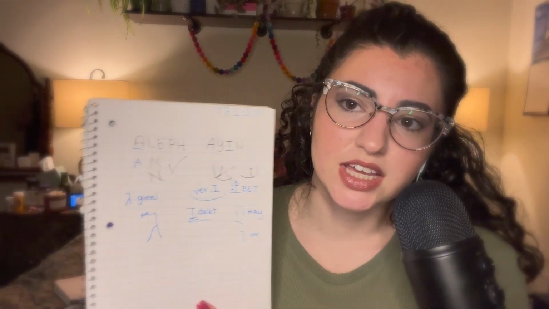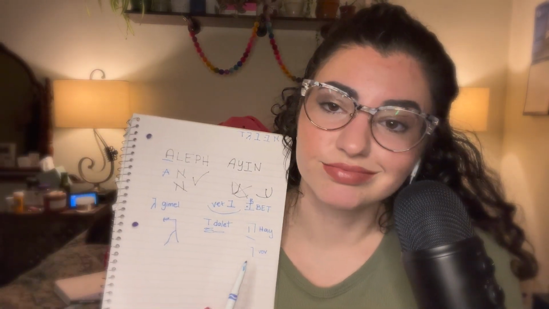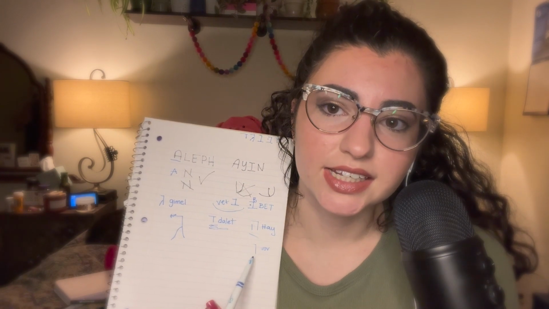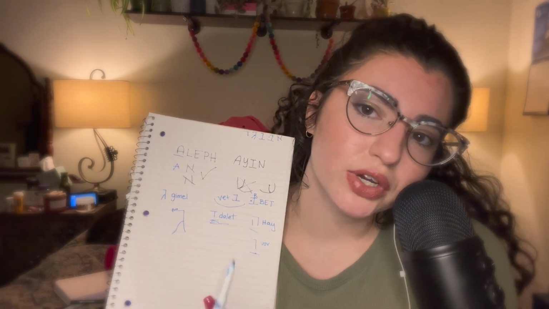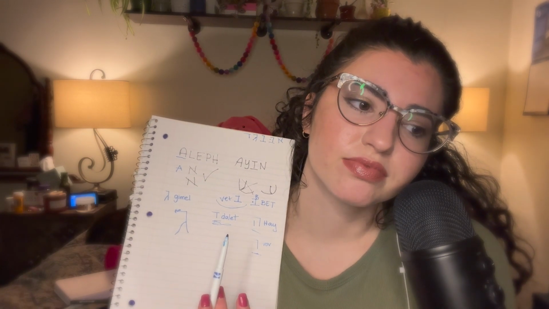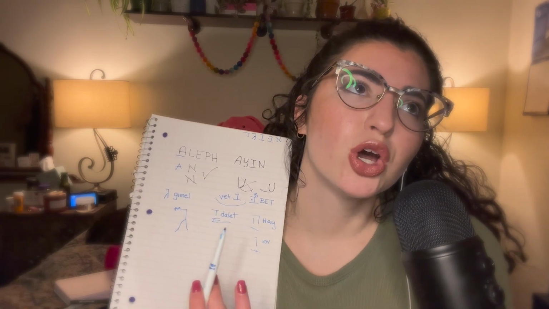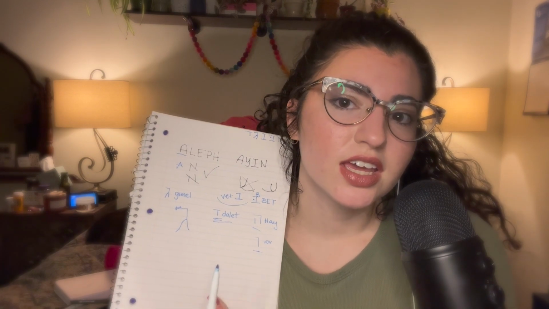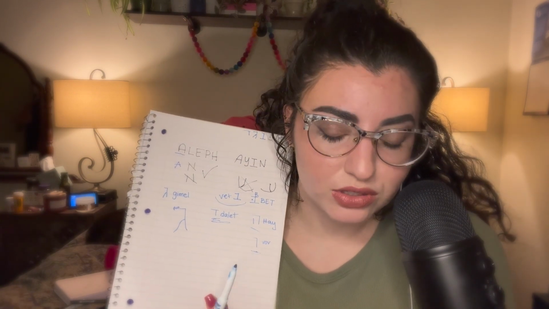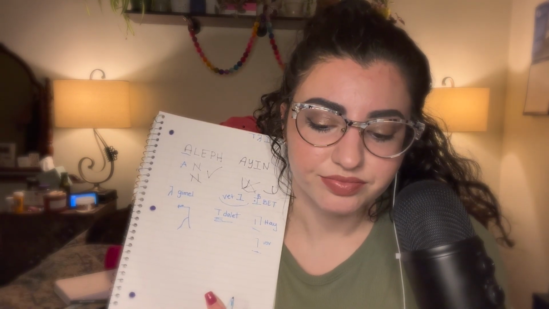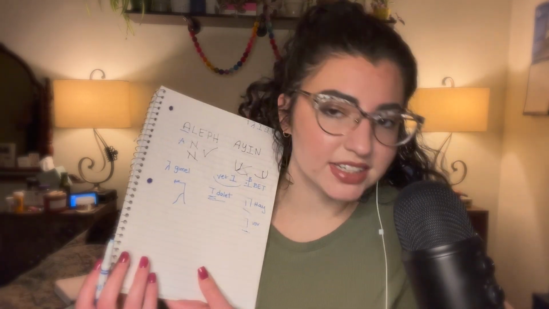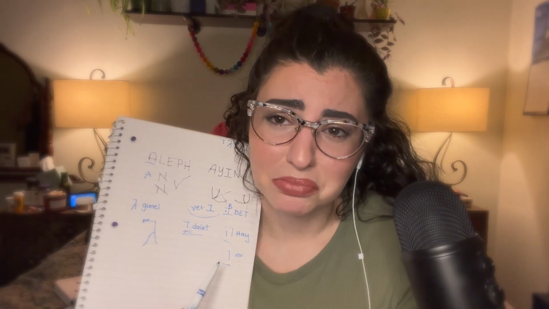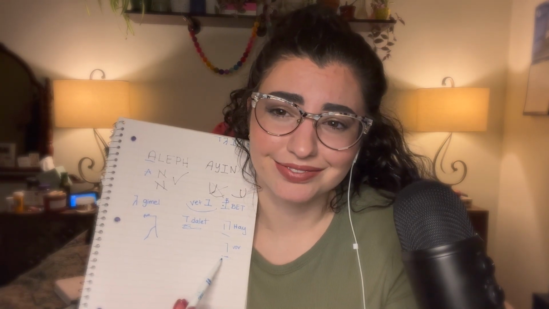Vav is pretty important because not only is it a letter, but it also takes the form of some vowels, which is important because born Hebrew speakers read without vowels. Vav is just important. Okay, we'll get to this later.